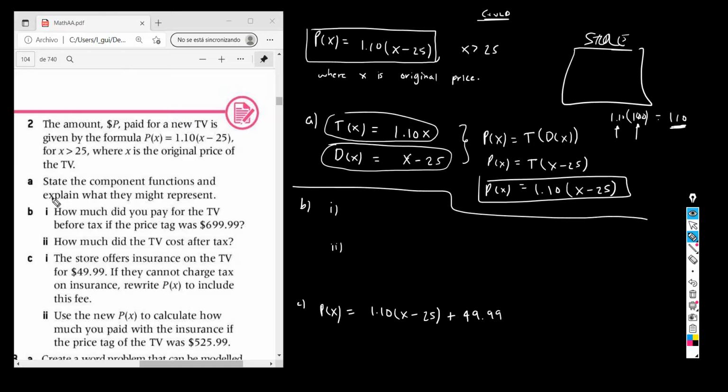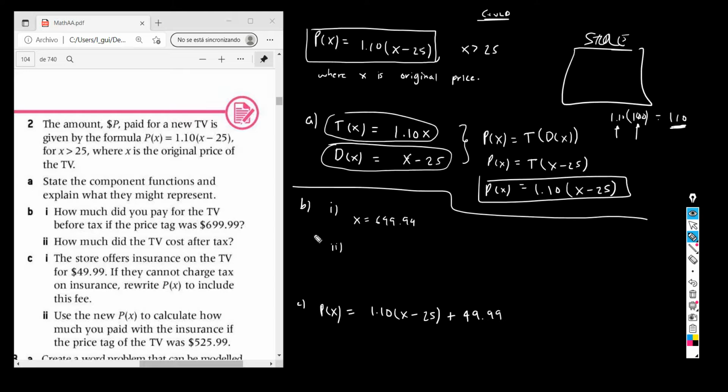Now let's talk about B. Question 1. How much did you pay for the TV before tax, if the price tag was 699.99? They're telling you the original price is this much, and they're asking how much you are going to pay before tax.